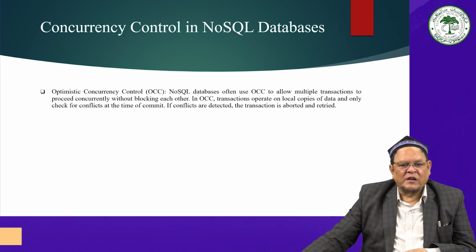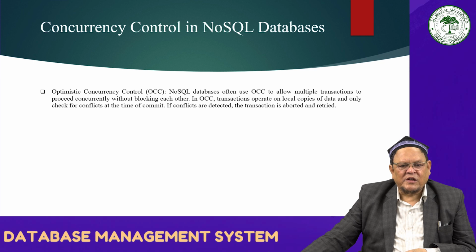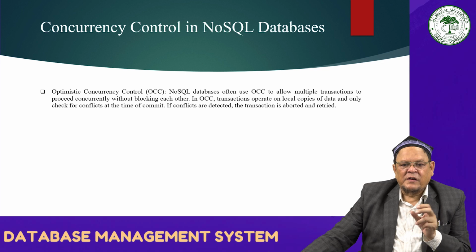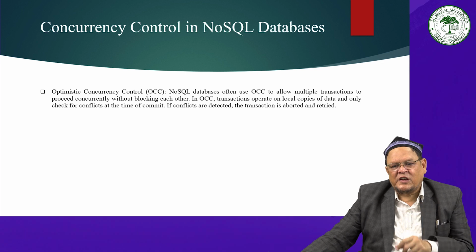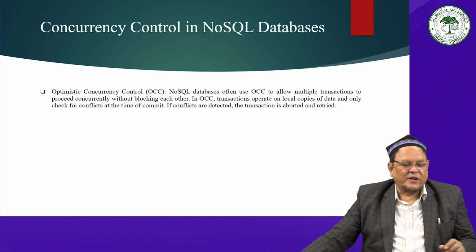I mean to say that in optimistic concurrency control, a transaction operates on local copies of data and only checks for conflicts at the time of commit. If conflicts are detected, the transaction is aborted and retried.